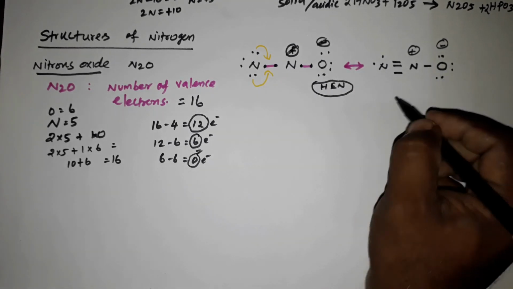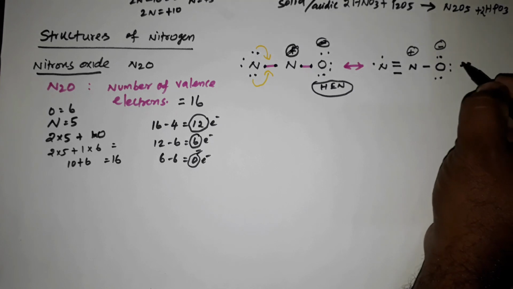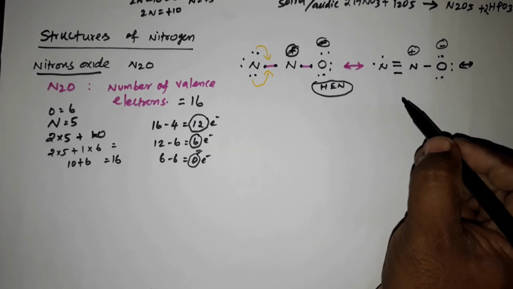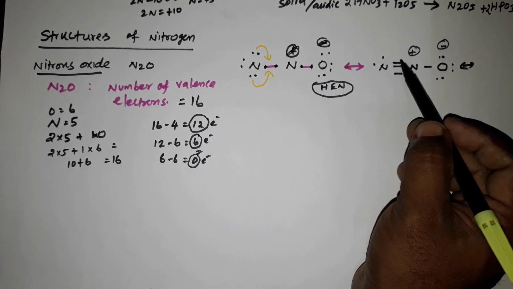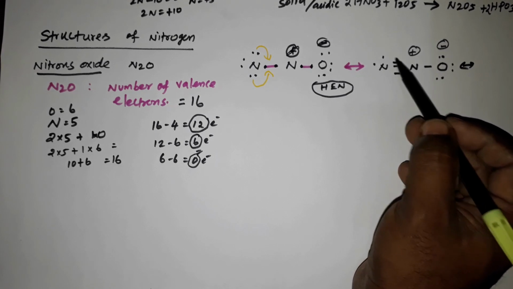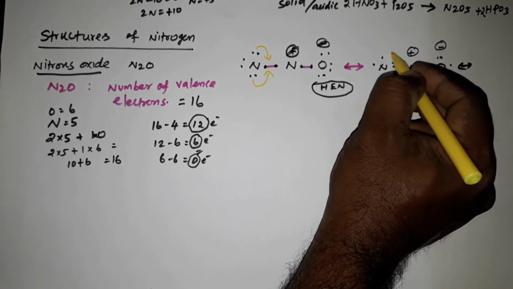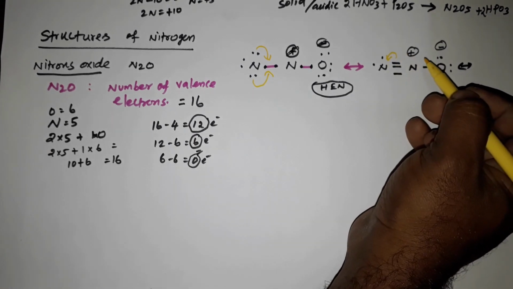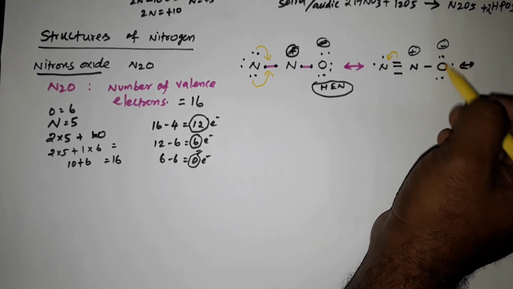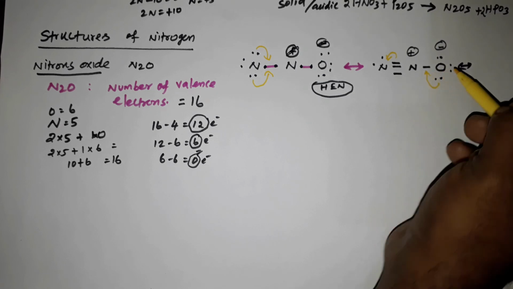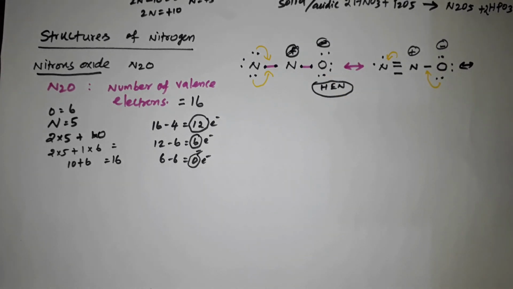Again it can change, so how can it come? This bond pair can be converted to lone pair. This bond pair can be converted to lone pair. Also this lone pair can be converted to bond pair. So the final structure will come like this.